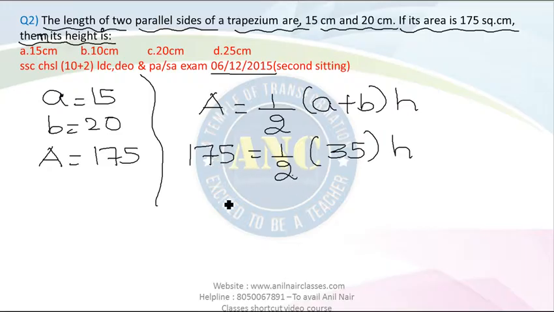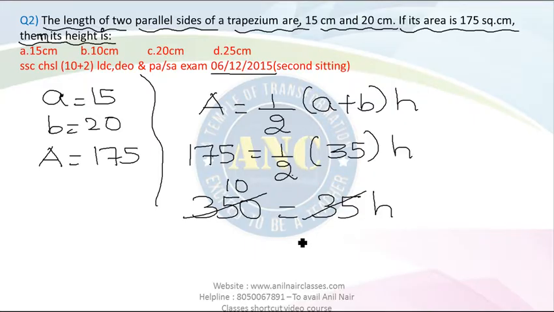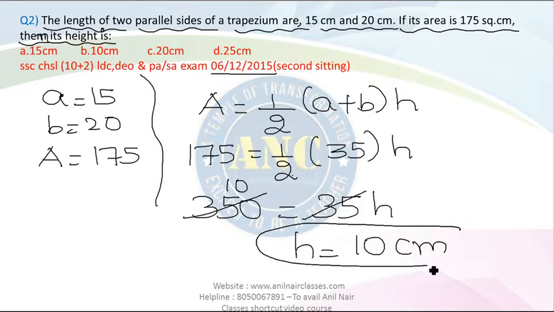So 175 into 2 is 350. 350 is equal to 35H. 35 into 10, H is nothing but 10 centimeter. Directly applying the values, you will get the answer very easily. Answer for this question is option B, which is nothing but 10 centimeters.